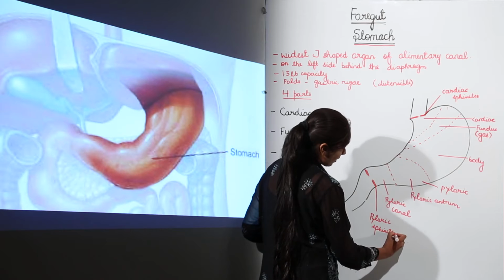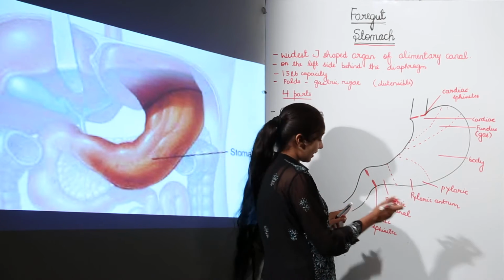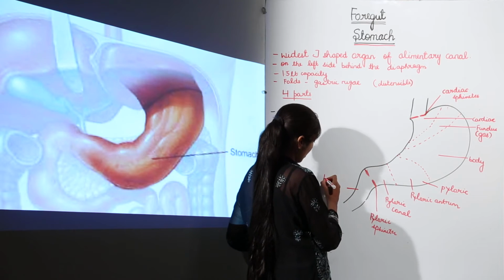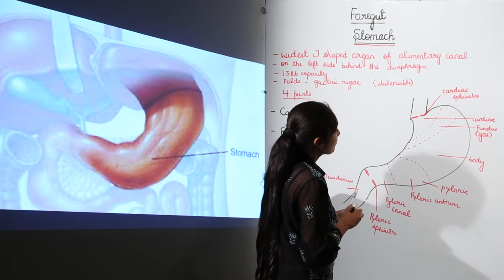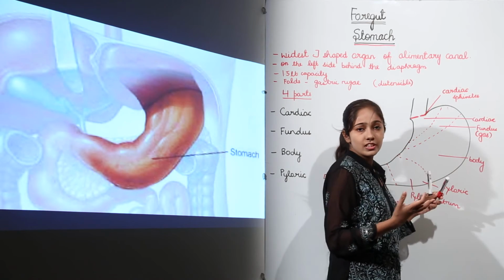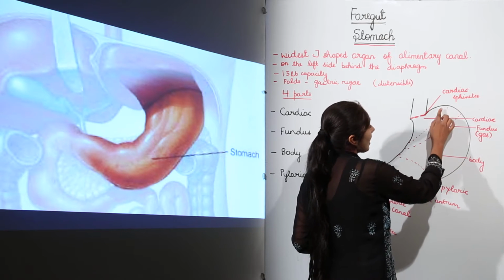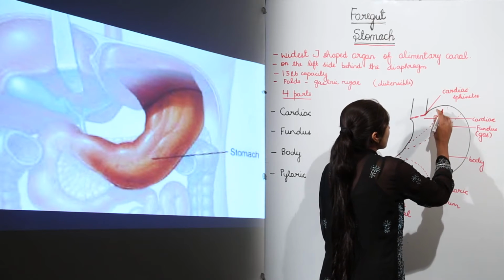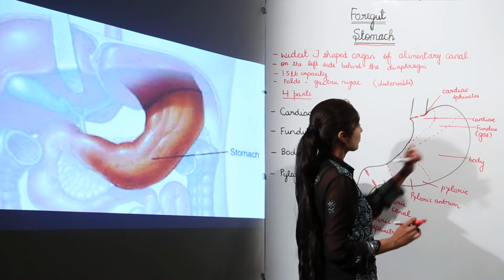And here begins the duodenum, the small intestine. So, this is the duodenum, right. So, this is just again a rough representation, you can draw it quite well. And here I will just mark it cardiac like this only. This is the fundus region, right.